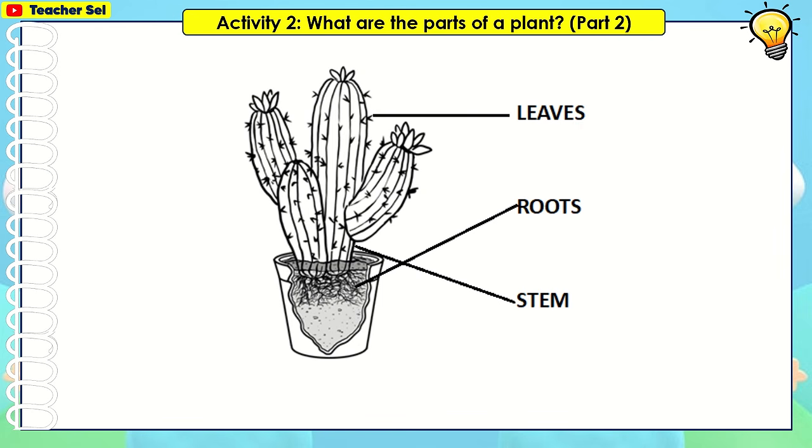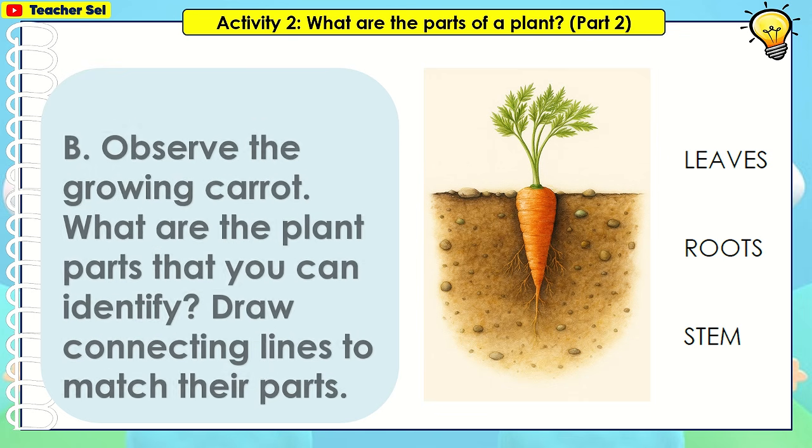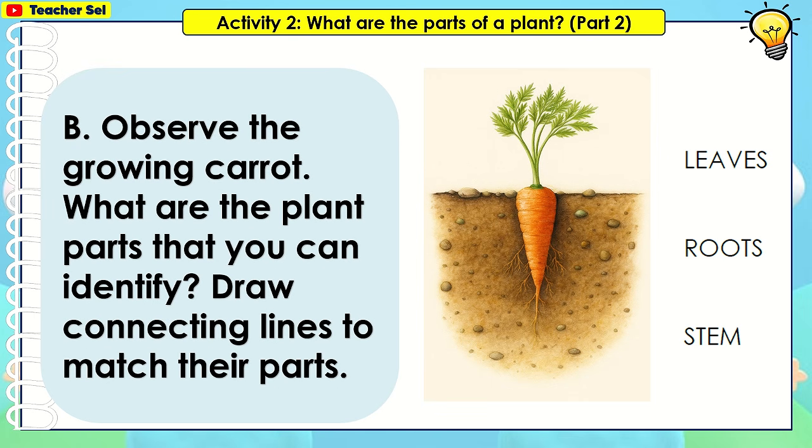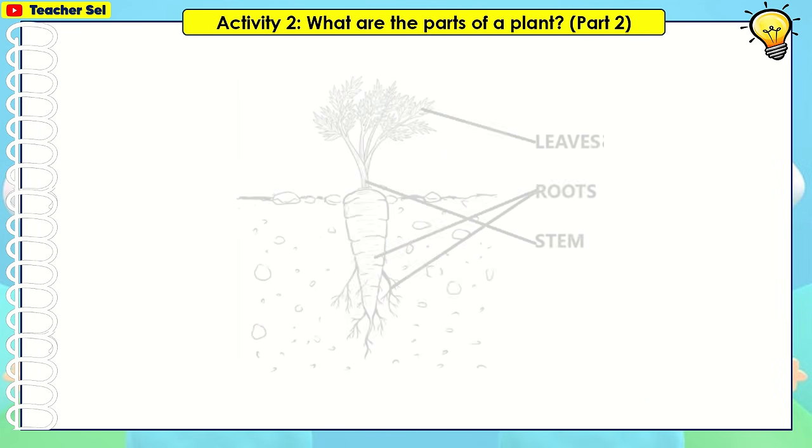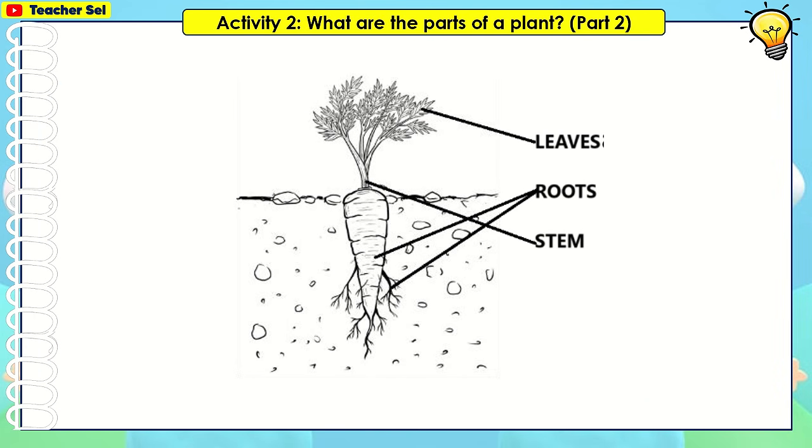Here are the expected answers. Observe the growing carrot. What are the plant parts that you can identify? Draw connecting lines to match their parts. Here's the expected answer.